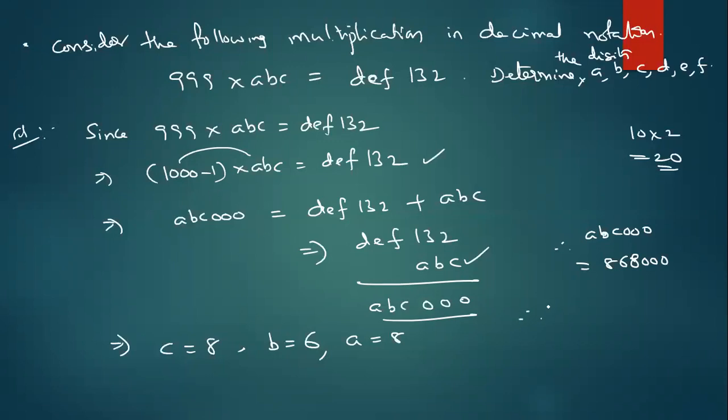See, 868000 minus 868 is how much? That is DEF132. Now see carefully.